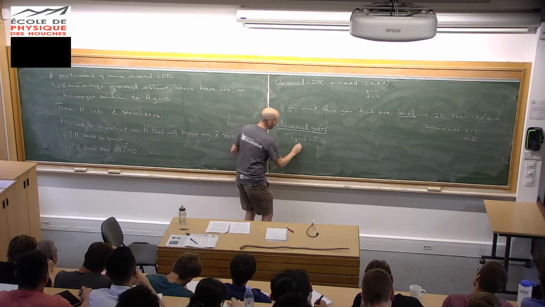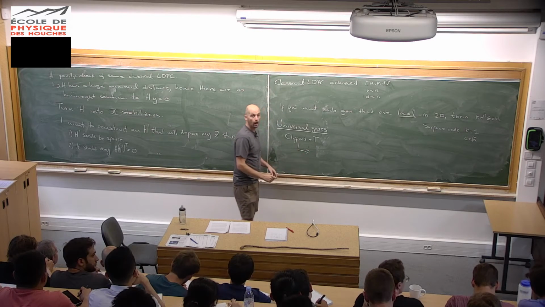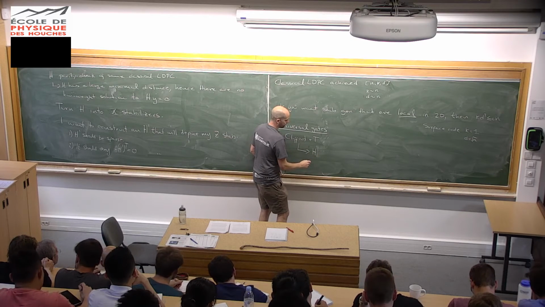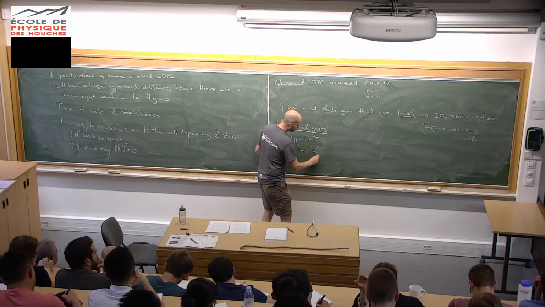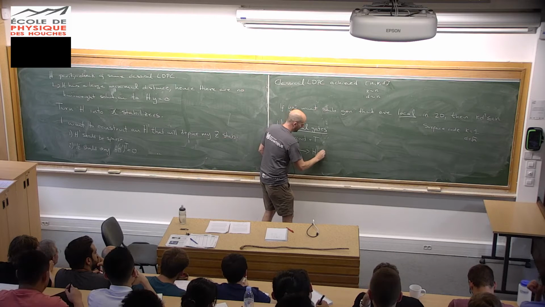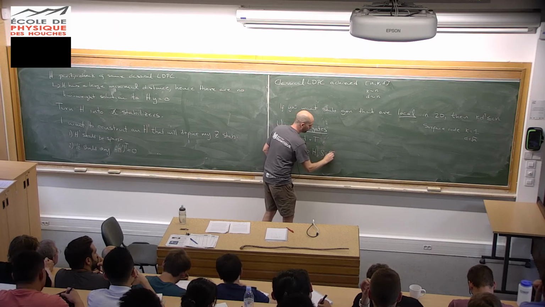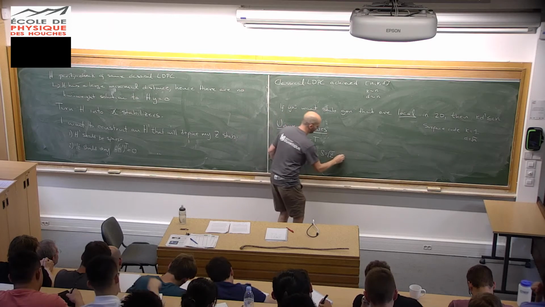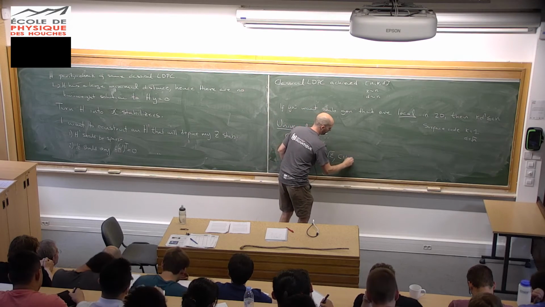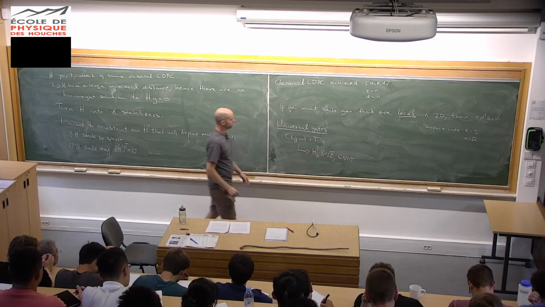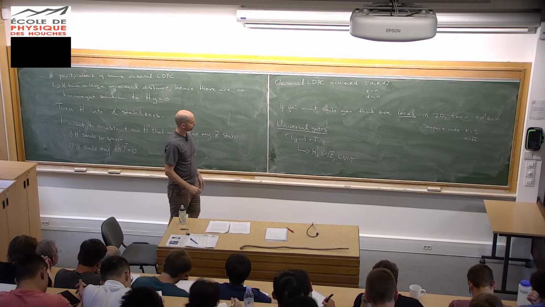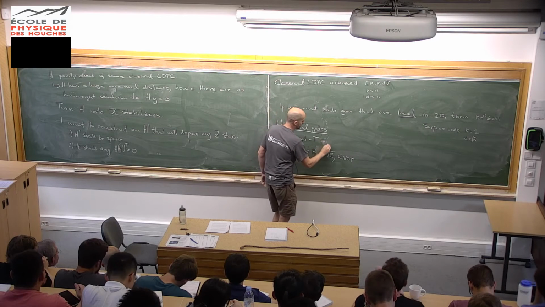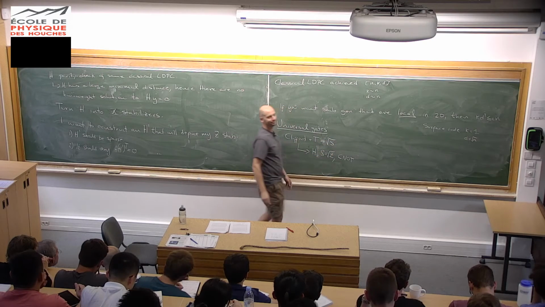The Clifford group is formed of the Hadamard, S, which is the square root of Pauli Z, and the CNOT. Okay? And T is equal to the square root of S.